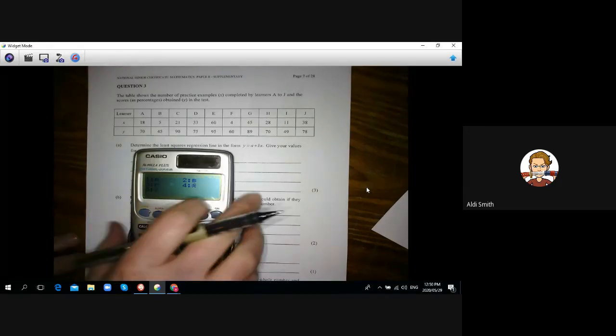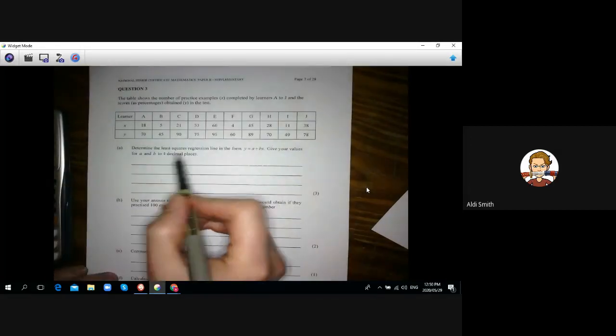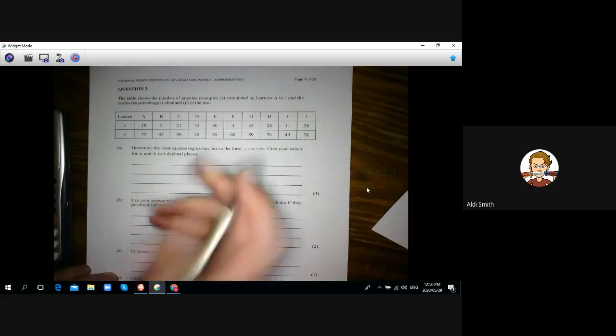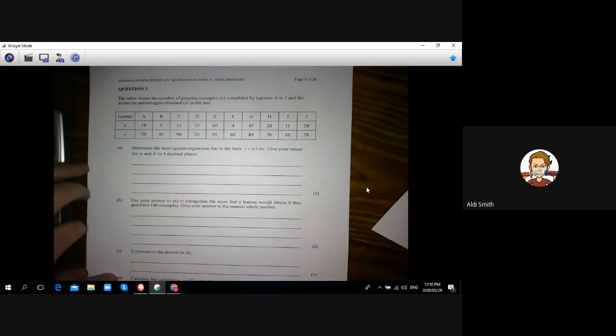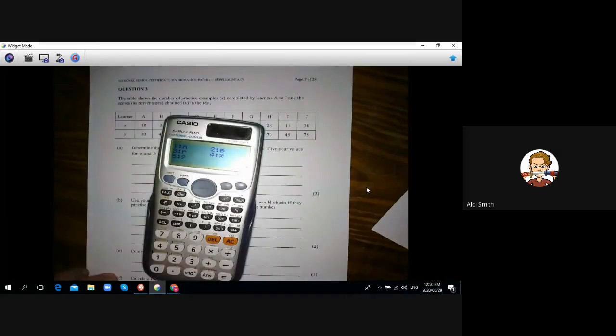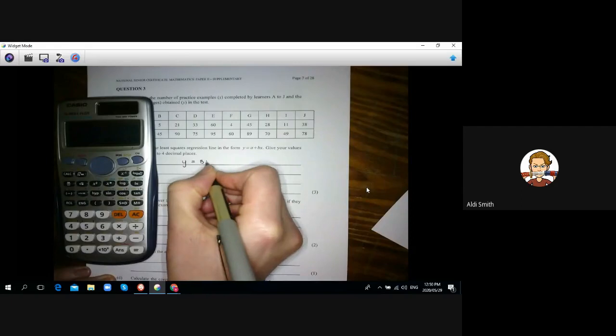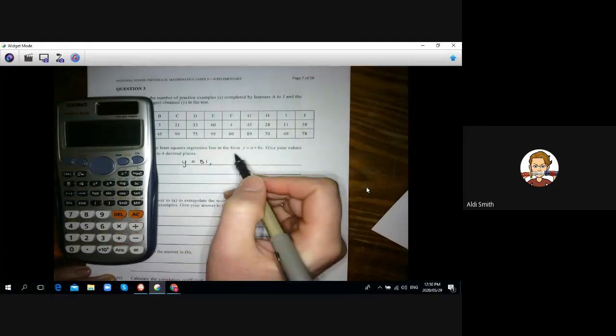Okay, so the first question, determine the least squares regression line in the form y is equal to a plus bx. Give your values for a and b to 4 decimal places. So I'm going to need the value for a and for b over there. So I'm going to press 1 for a. And that means y is going to be equal to 51.6478.